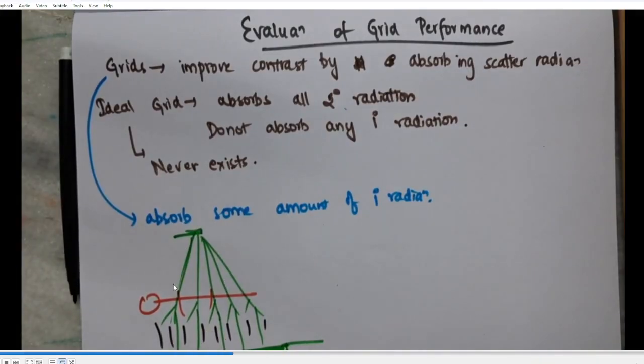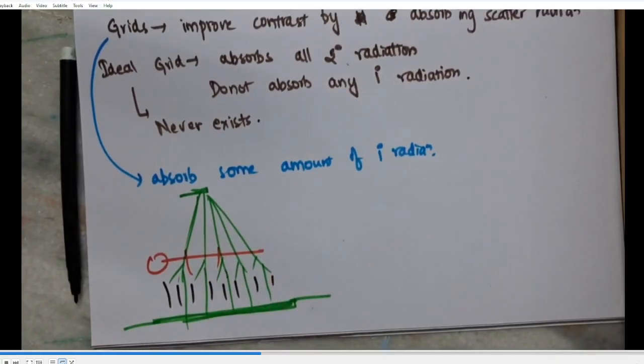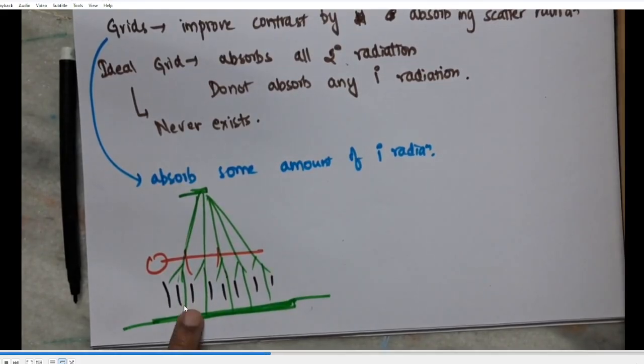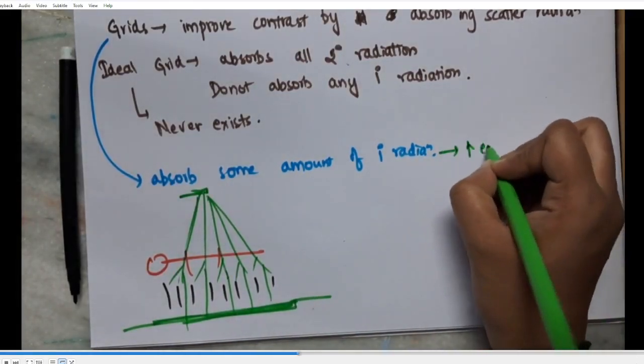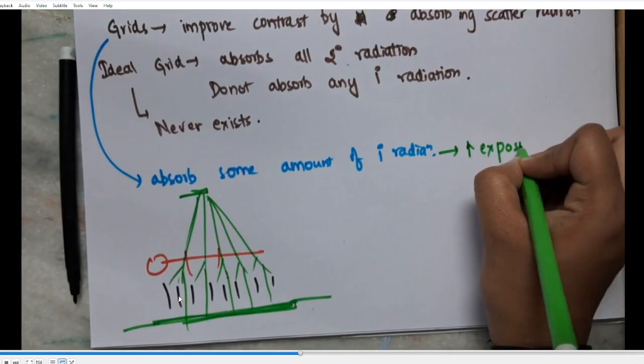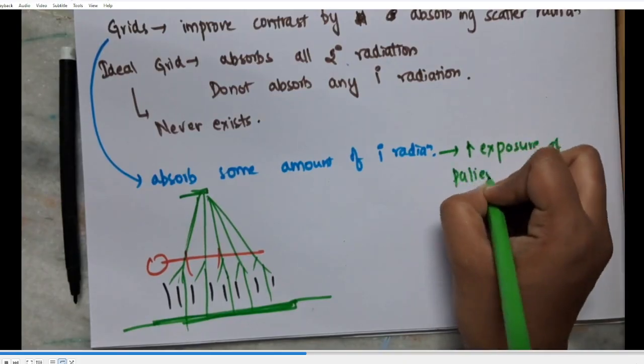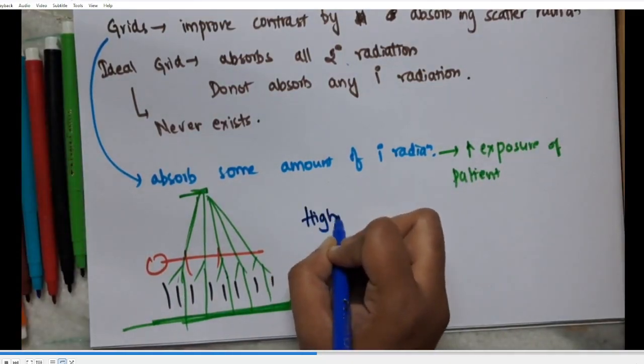So the price of a better film is an increased patient exposure. Some of the rays will pass through the grid, while some of the primary radiation is absorbed by the grid. So this will increase the patient's exposure.